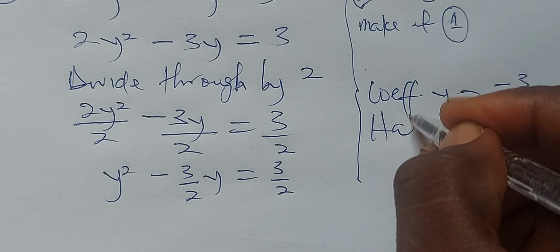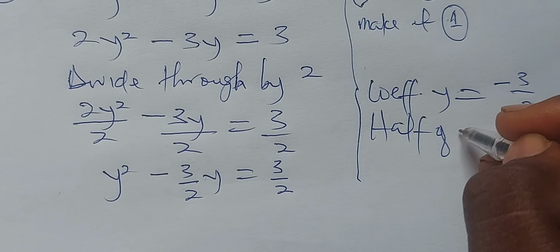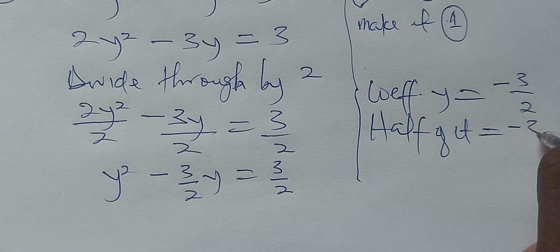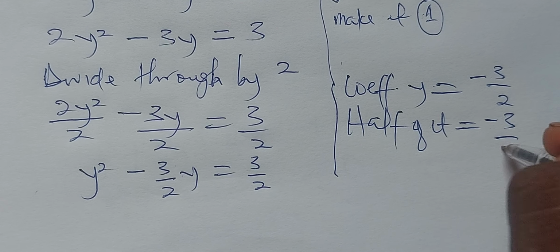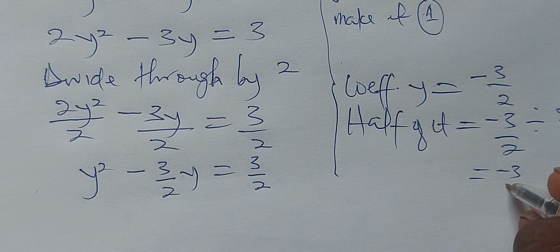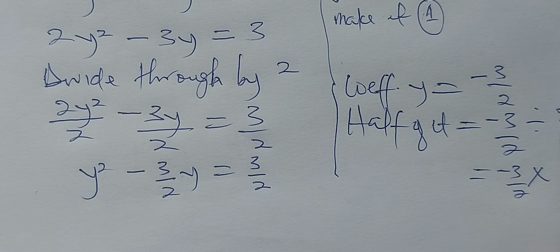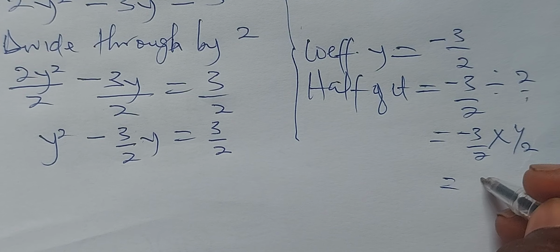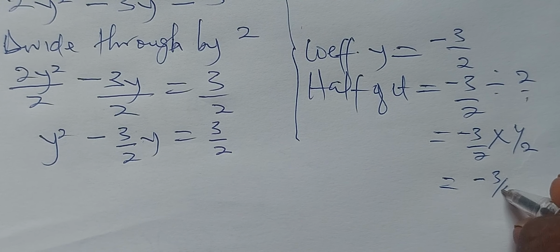Then half of the coefficient will be minus 3 over 2 divided by 2. So when you solve that, you change this division to multiplication, you have 1 over 2, and your answer will be minus 3 over 4.